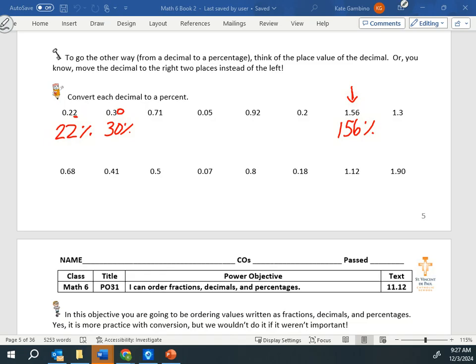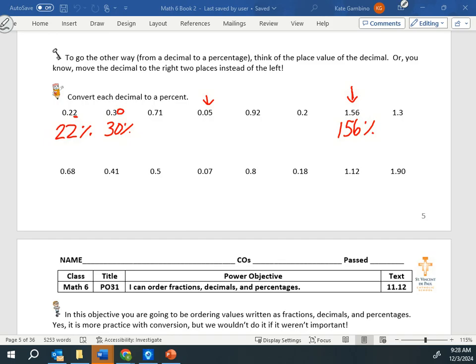Kelly? Good question. How would we read that decimal? What's the proper math way to say it? 5 hundredths, because that 5 is in the hundredths place. So if it's 5 hundredths, what percent would it be? Say what?